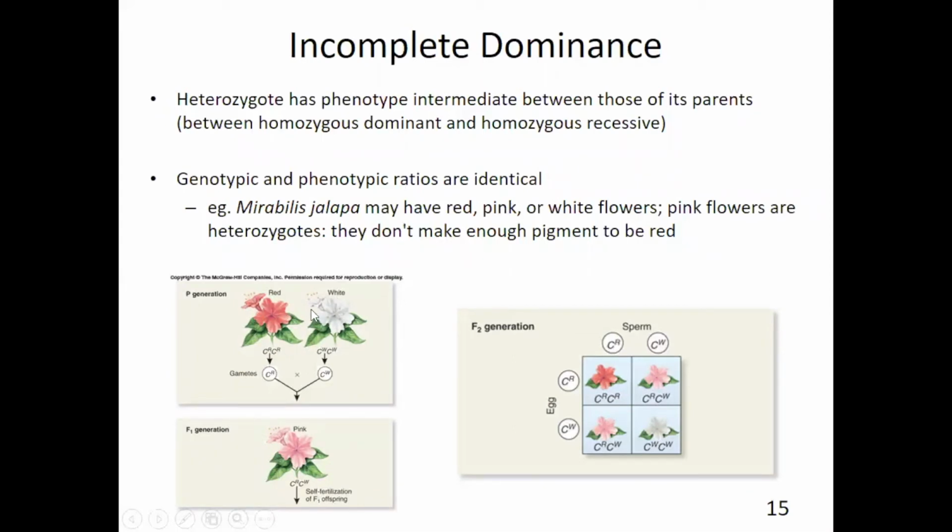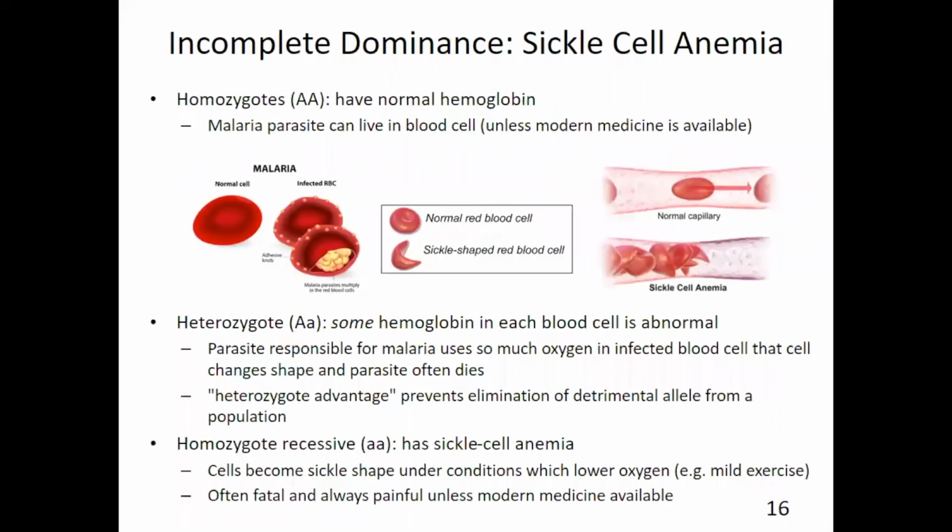However, when these two plants are crossed, it produces a heterozygote plant with a phenotype in between the two. So red plus white equals pink. This is an example of incomplete dominance. In humans, a great example of incomplete dominance is sickle cell anemia. I will go through this example in a separate video.